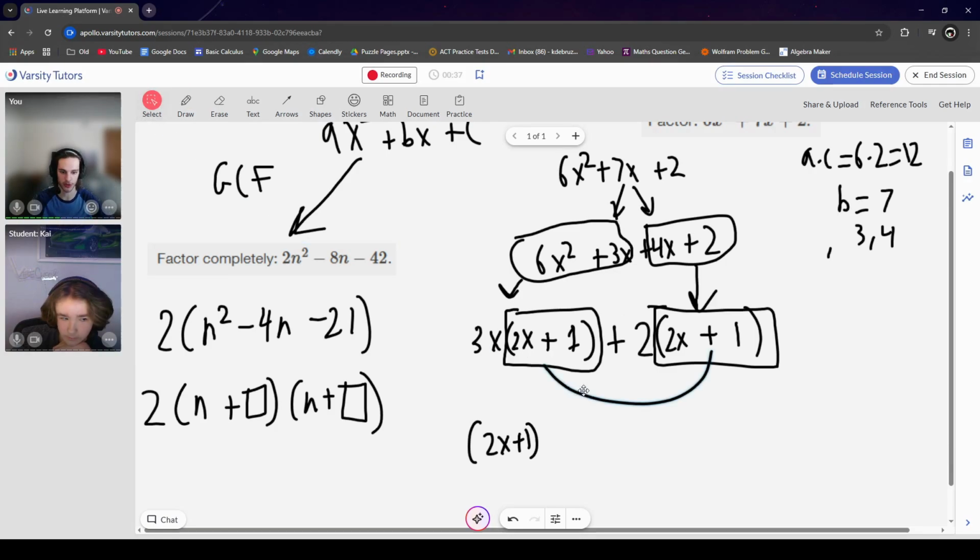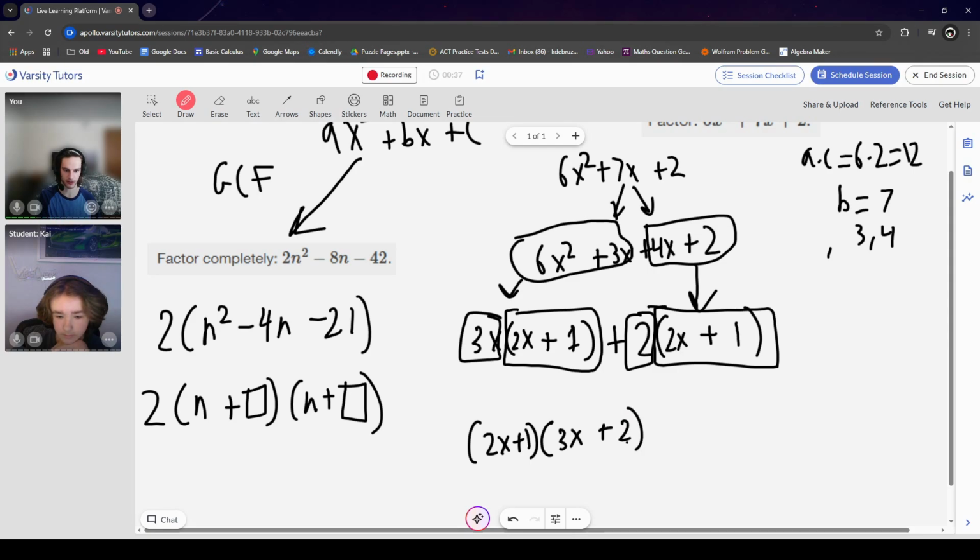And then we have to put in the remainders. What are the remainders here? The three and the two. Yep, the 3x and the 2. So then we add our parentheses. One will be 3x plus 2, because the addition symbol comes down. And now this is our final answer.